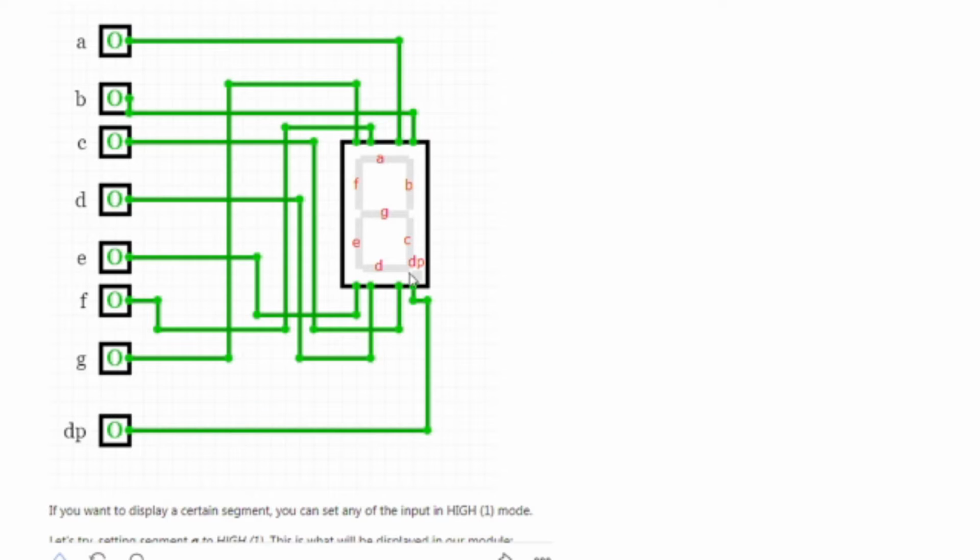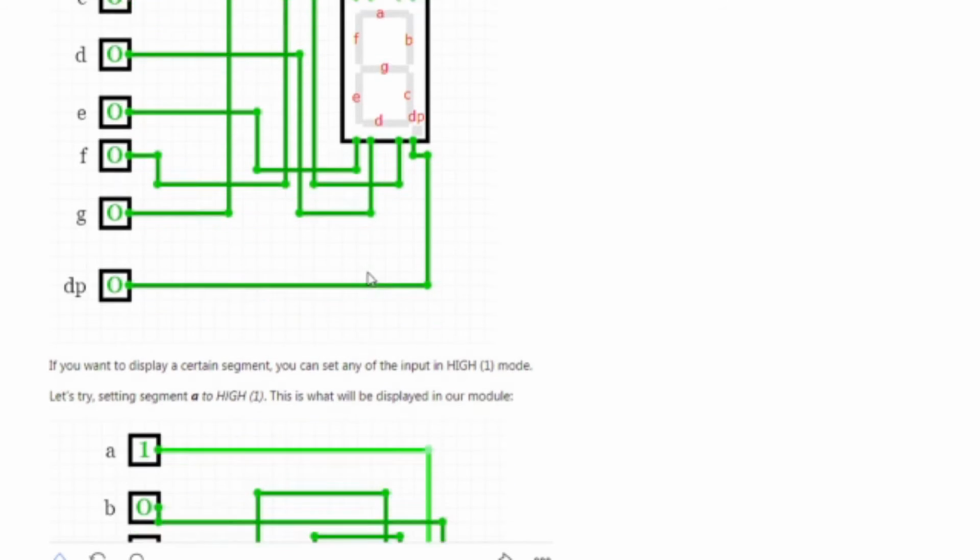Sometimes we have a DP, or the decimal point, which is always here. The node is connected here. As you can see in this diagram, the switches or voltages are 0, which means low voltage. So the segments are still turned off. The LEDs are not turned on.